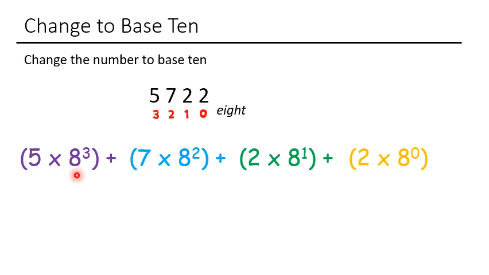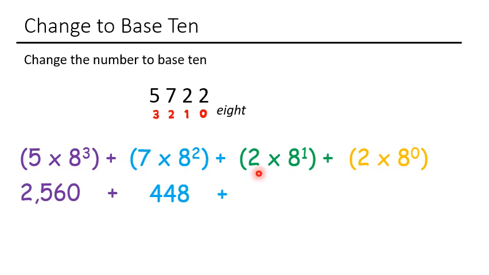And then you have to multiply 512 times 5. And when you do that, you get 2,560. Then you're going to do 8 squared, which is 8 times 8, which is 64. And then 64 times 7 will give you 448.